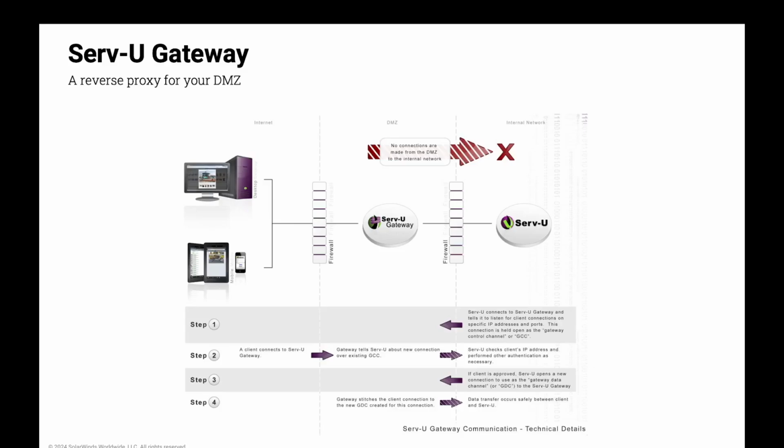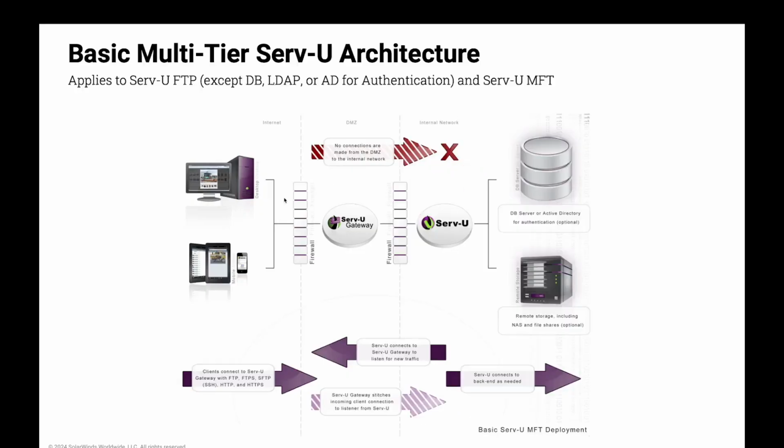The Serv-U gateway then stitches the client connection to the new gateway data channel created for the transfer protocol. In this way, data transfer occurs safely between the Internet client and the Serv-U server on your internal network without compromising network security.